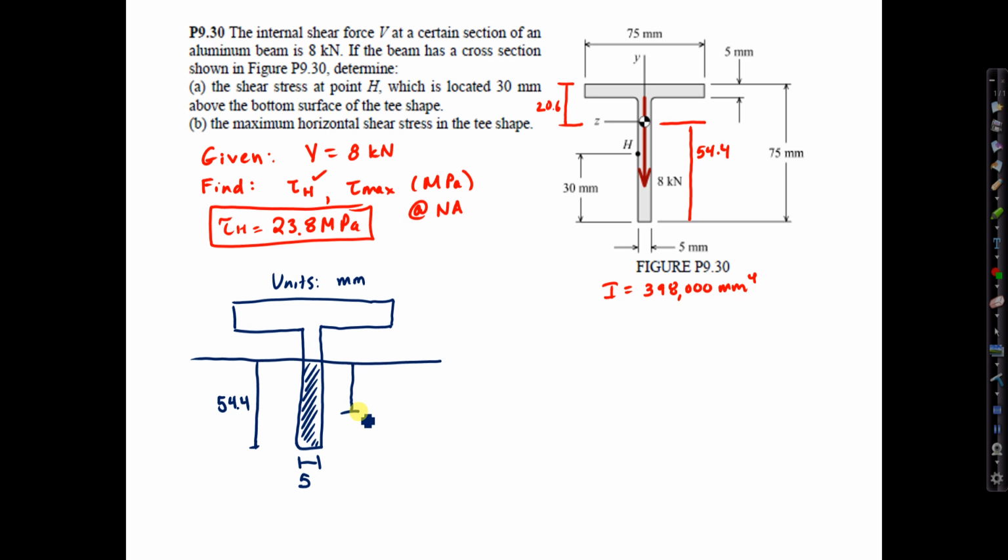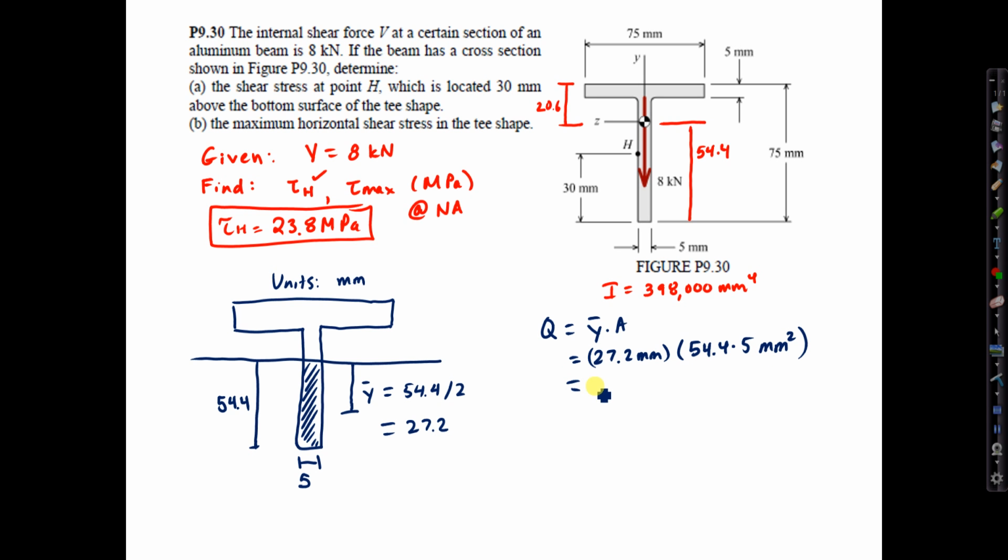Y bar is the distance down to the centroid of this shaded area, which is just a half of 54.4, or 27.2. So Q, in this case, y bar times A equals 27.2 millimeters times the shaded area, 54.4 times 5 millimeters squared.